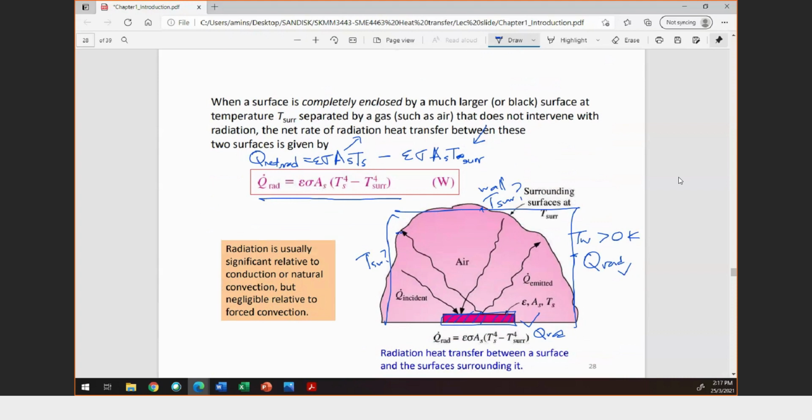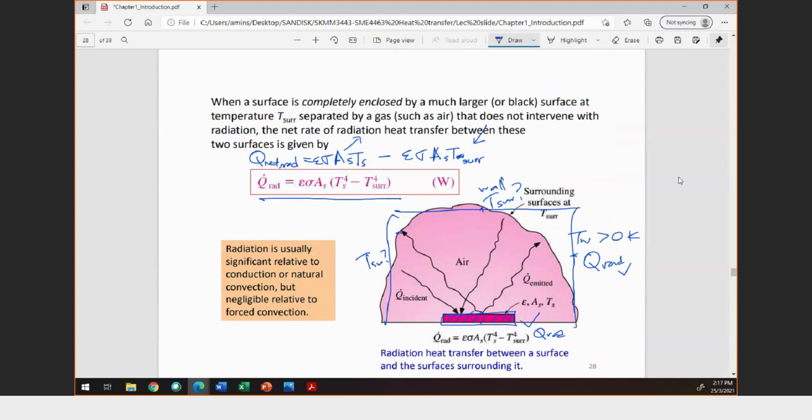But because we assume one particular closed area, the surrounding temperature will be the same regardless of location, whether it is left, right, or on the top side.